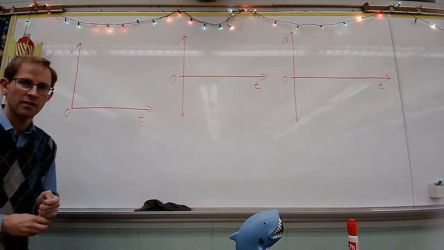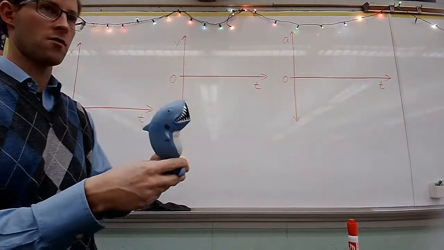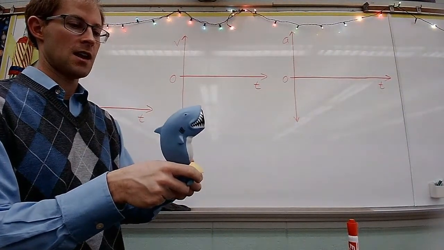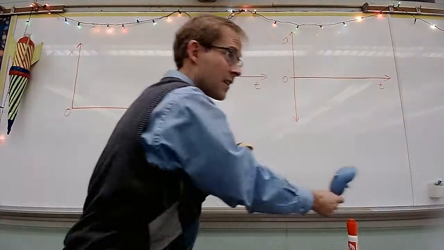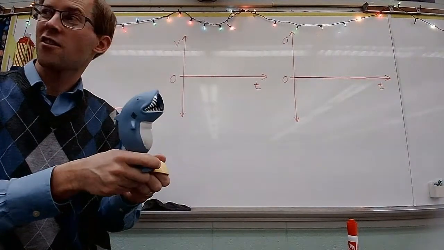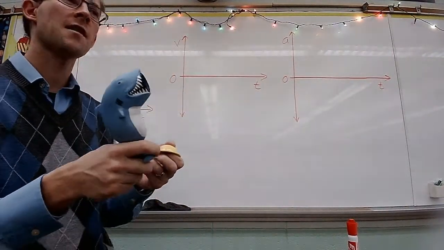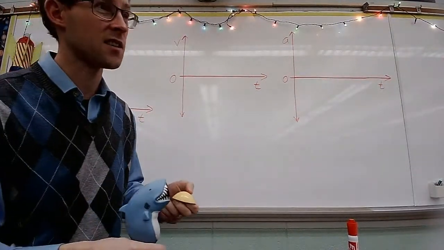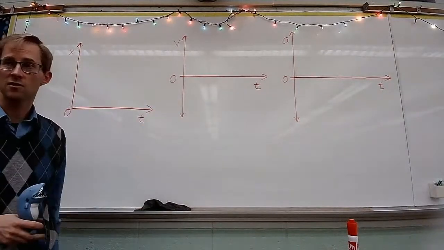So the next scenario, the shark begins at the origin, and time begins right now. He starts off slow, maybe even at rest. And then as time goes on, he picks up speed. So he's accelerating. So then the question is, how is that going to look on these graphs?